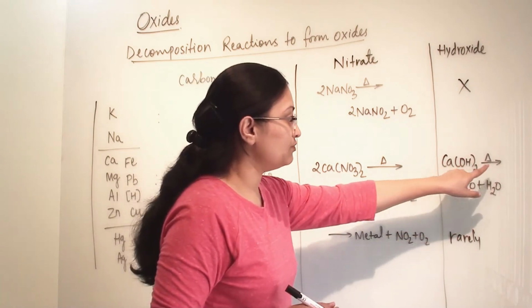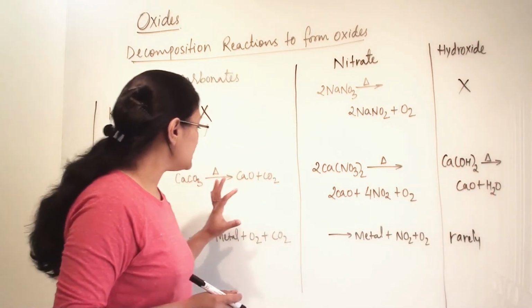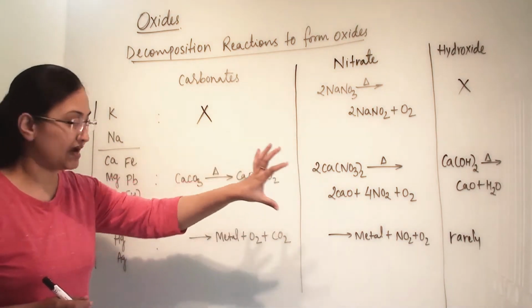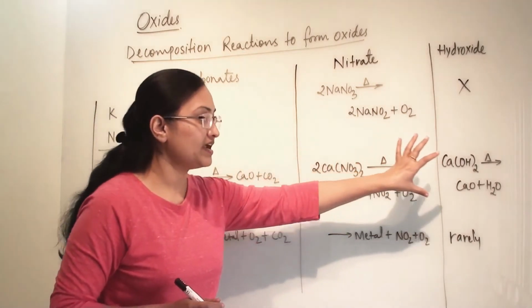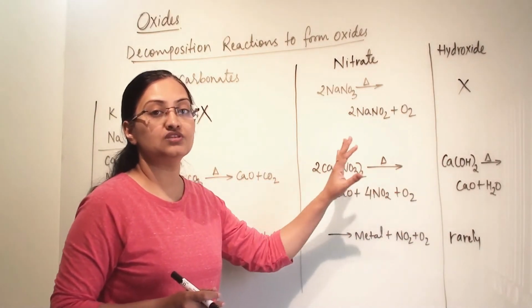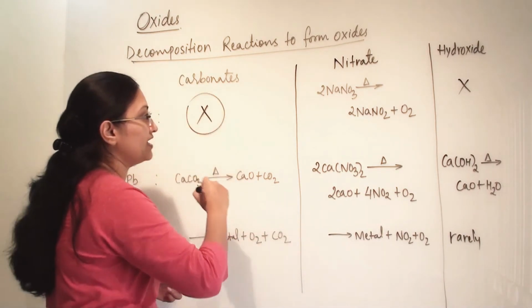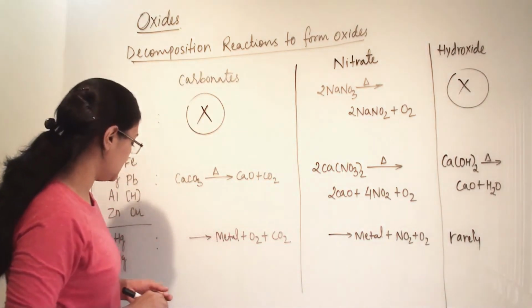Calcium hydroxide will decompose and will give us calcium oxide and water. These are moderately reactive metals, and all the forms of these, like carbonates, nitrates and hydroxides of these metals, we can decompose in the presence of heat. But this is a special case: when these metals are very reactive, we cannot break them in the presence of heat.